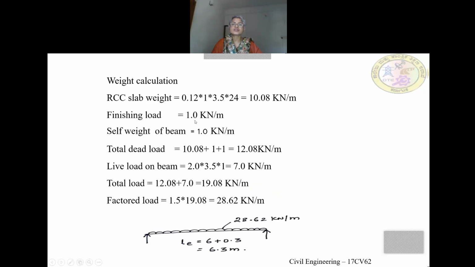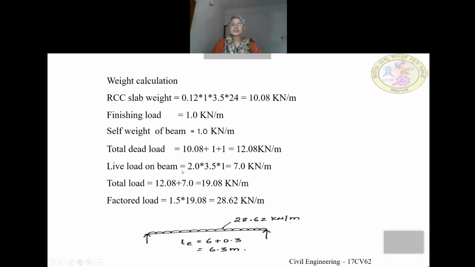Then the finishing load is directly given, so you can take it as 1 kilonewton per meter on the beam, and self weight of the beam can be taken as 1 kilonewton per meter. So this is the total dead load: finishing load plus slab weight plus self weight of the beam. So the total dead load is 12.08 kilonewton per meter.